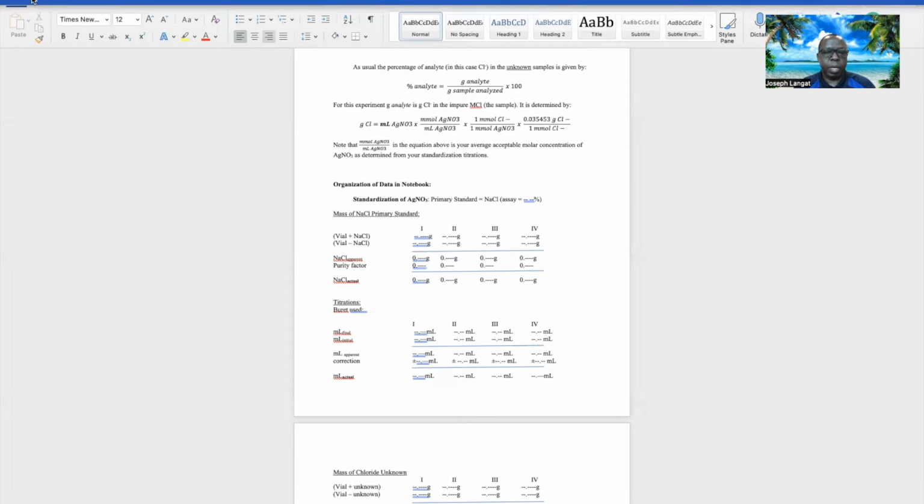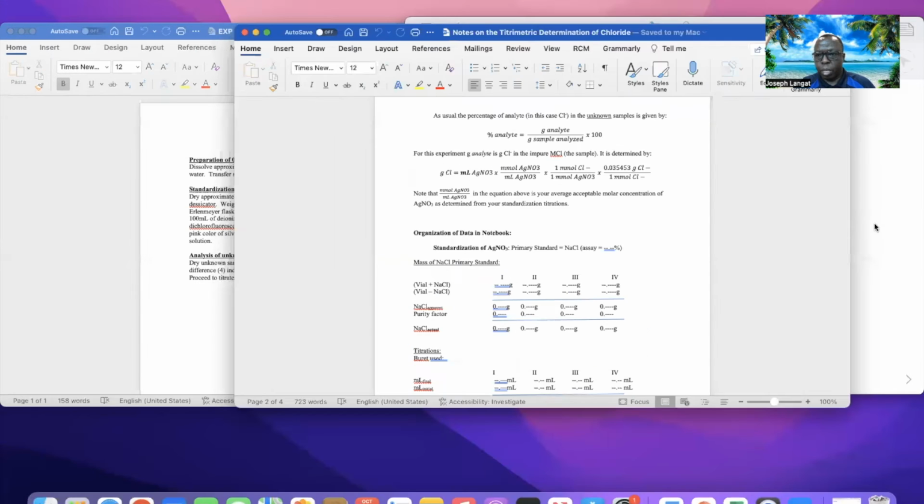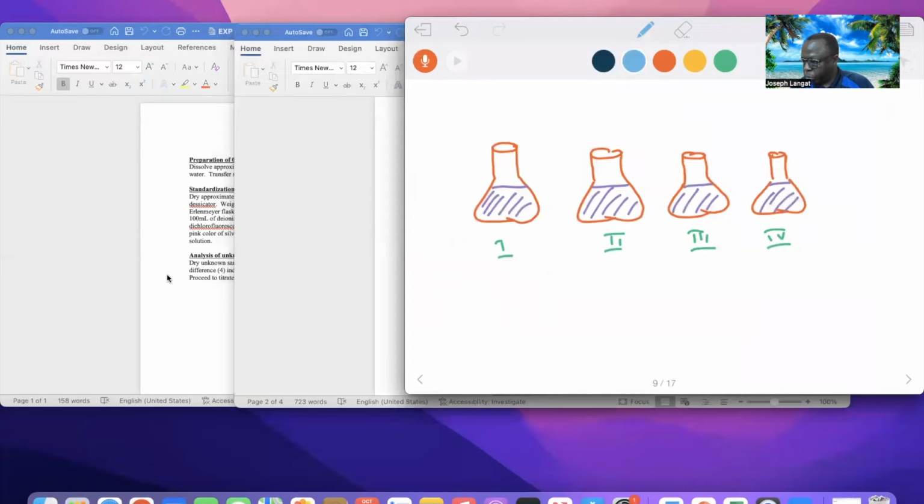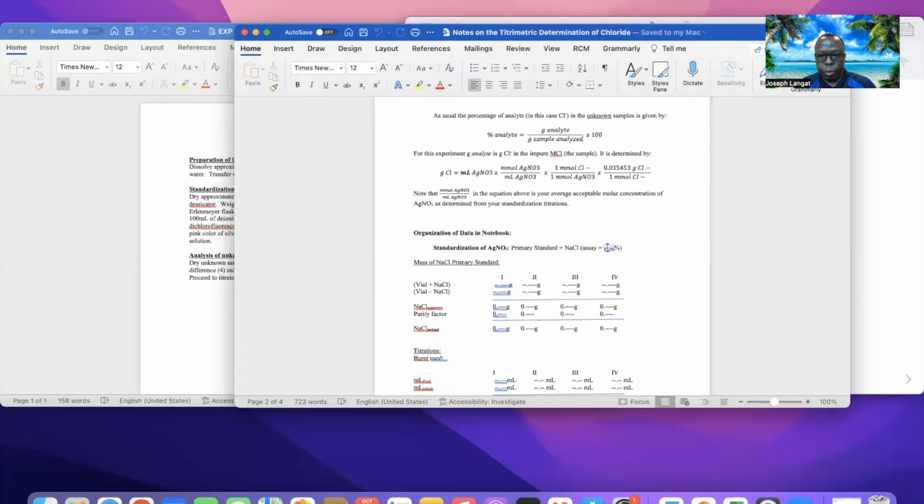Let me just minimize here so that I can write the percent assay. Percent assay is 100.03%. You need to record this value in your lab notebook so that you derive the purity factor here.